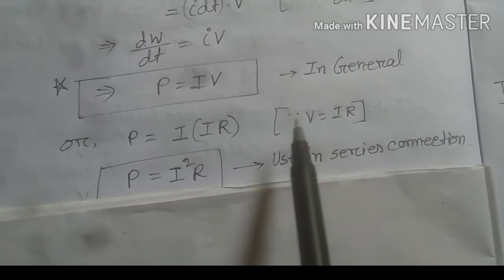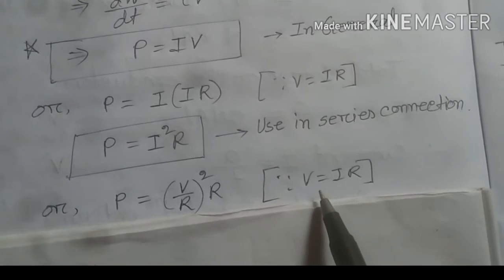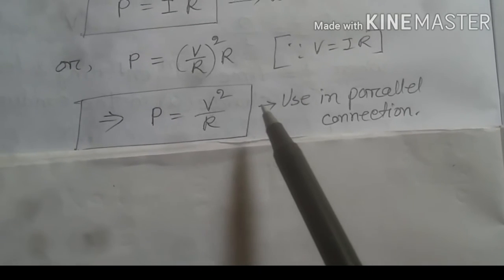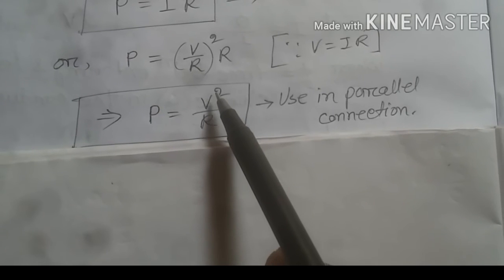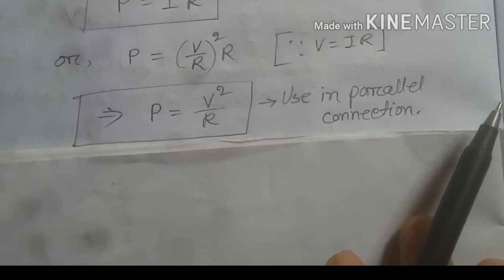Okay, now if we replace I using Ohm's law, it is V by R, then you will get this relation like V square by R, and we know the potential difference across each resistor will be the same in case of parallel connection, so this loss of power will be used in parallel connection.